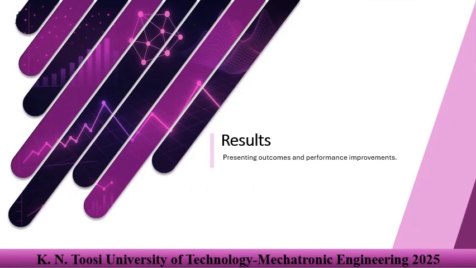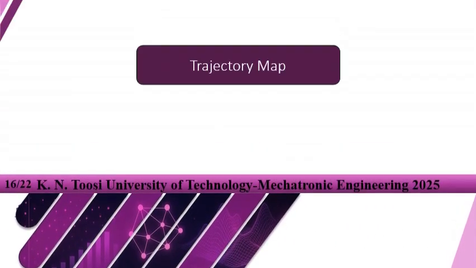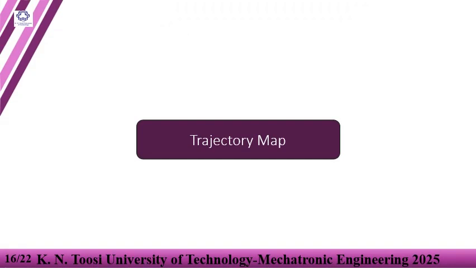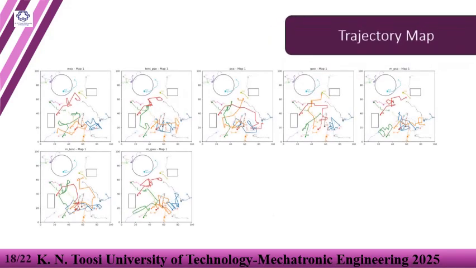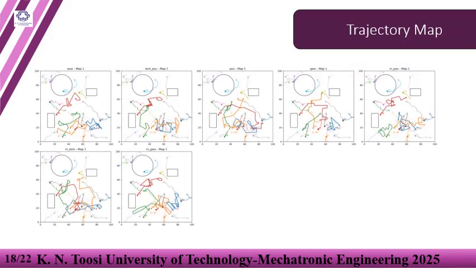Now we move to the results section. Here I will show the outcomes of our simulation. This is the UAV's movement map, but it does not look very realistic. So, let's use path smoothing algorithms to make the trajectory more realistic.